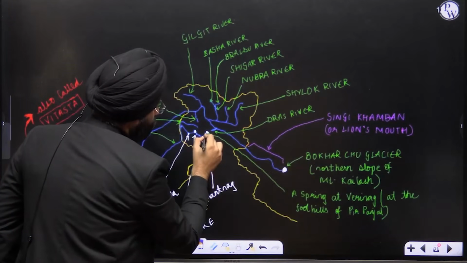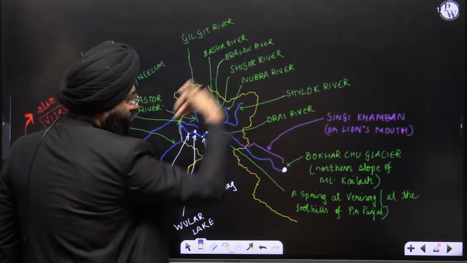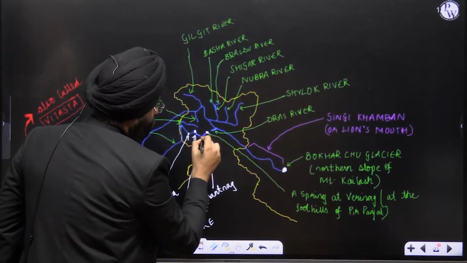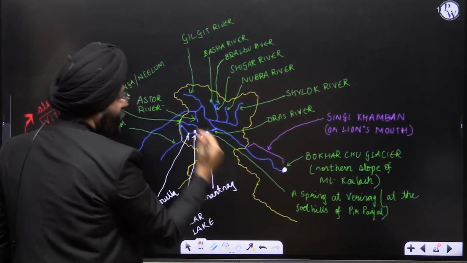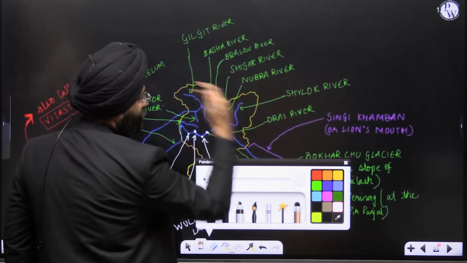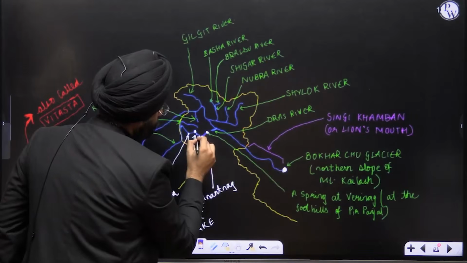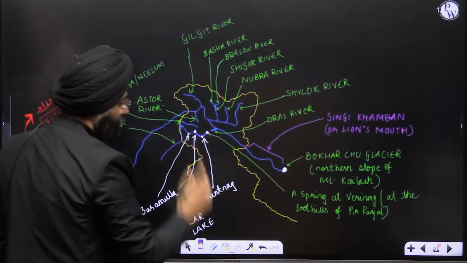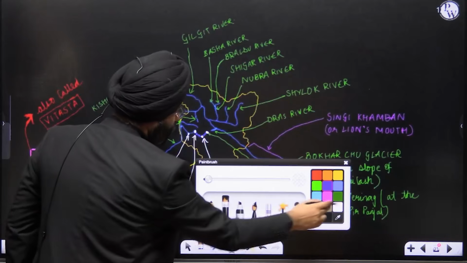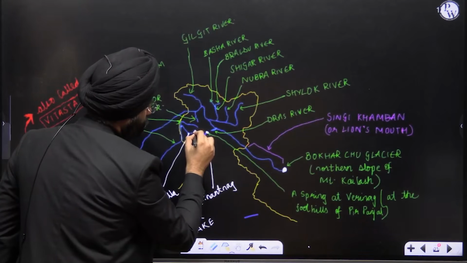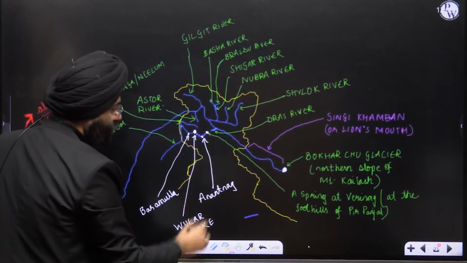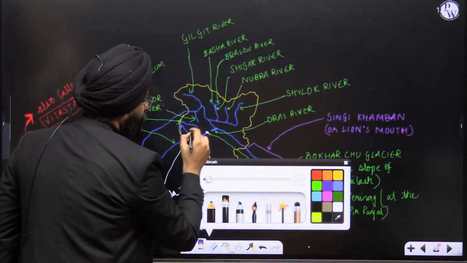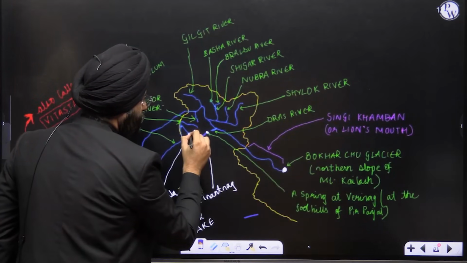It moves in the southwestern direction. It touches Anantnag. After that, it moves in the northwestern direction. Then again, it is interacting with the Wullar Lake, as we had mentioned. Now it moves almost in the west direction.